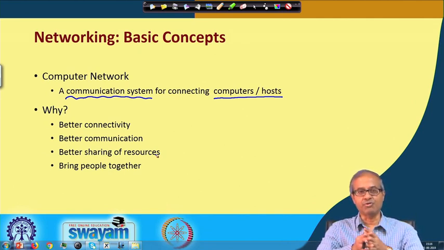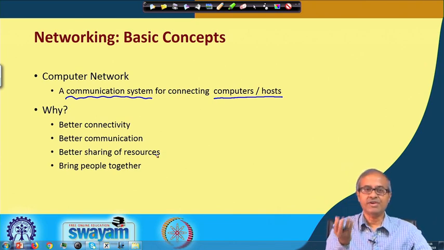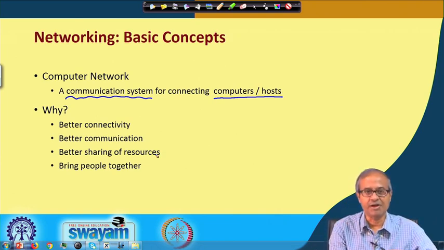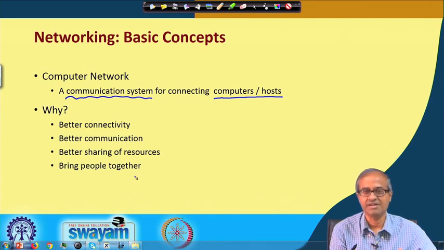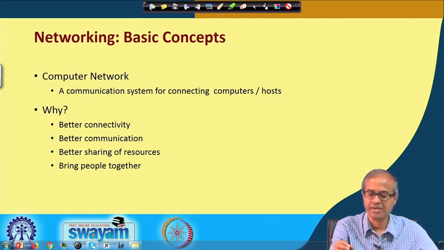Nowadays, we talk about cloud computing, where not only storage space, but also computing resources are available online, on the network, on the cloud. So, we can share some valuable resources over the network, and it helps in bringing people together, as we are seeing with our social networking applications that are coming up.